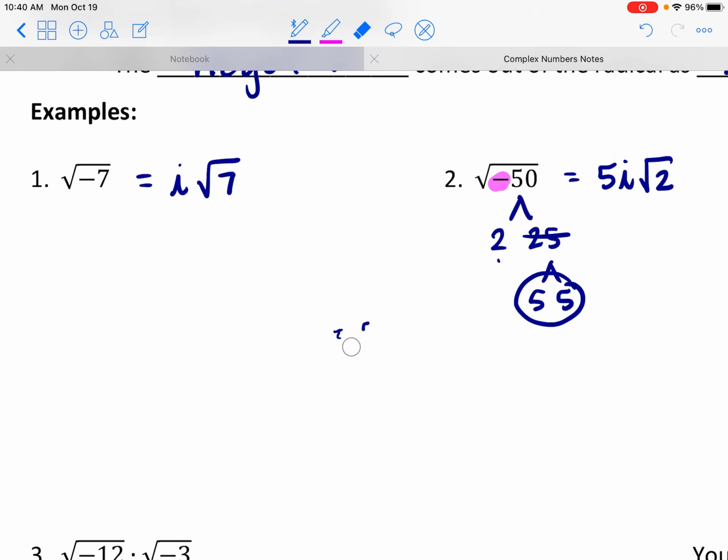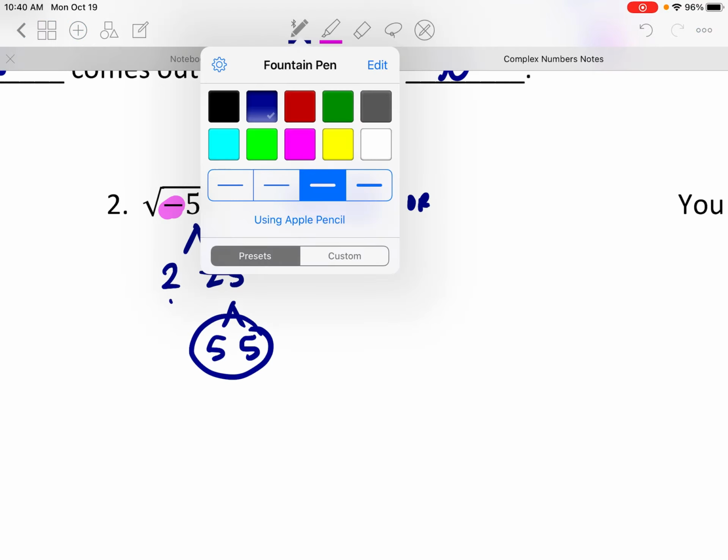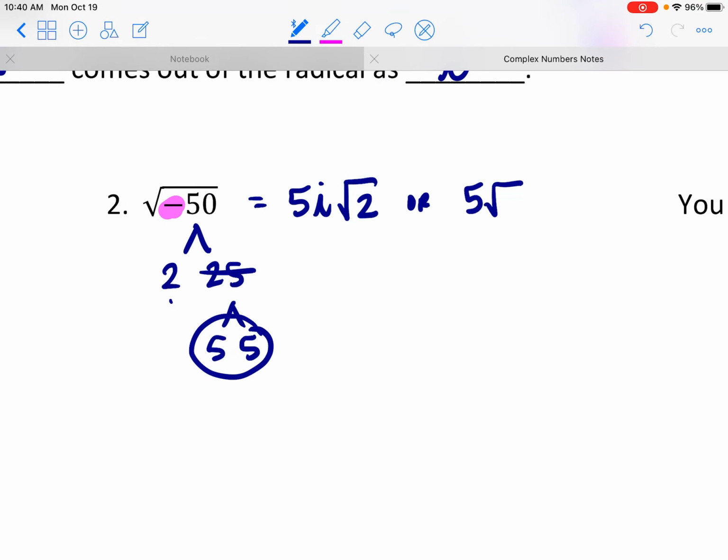On this one, you will sometimes see the i written after the radical. It would be totally acceptable to also write a 5, then the radical 2, and then the i. I don't like to personally write it that way, because sometimes it looks like the i is in the radical, and when you're typing it, like using the equation builder in our practices, sometimes that i will get stuck in the radical when it doesn't belong there.